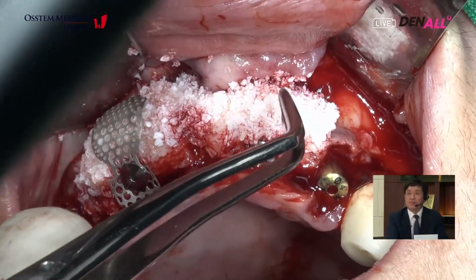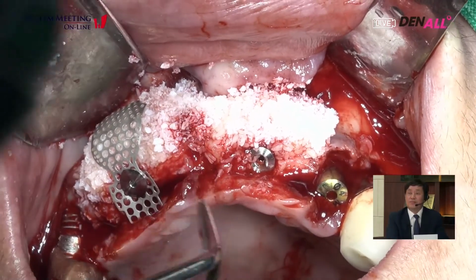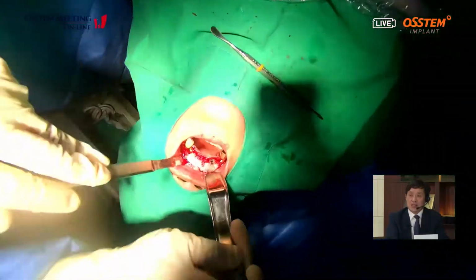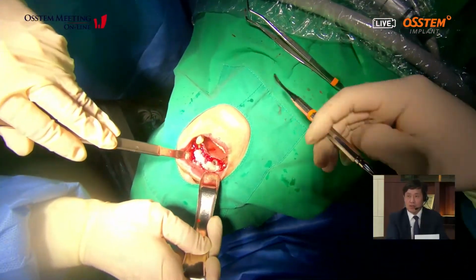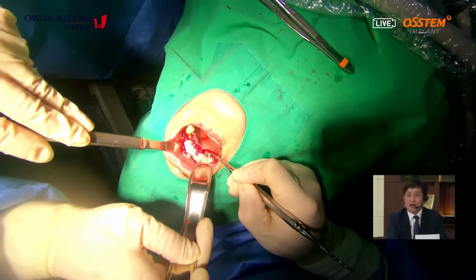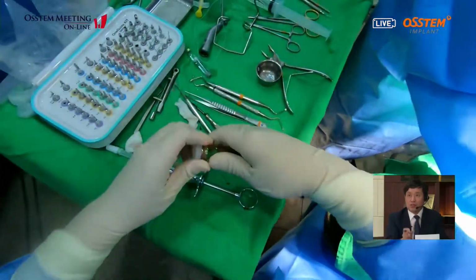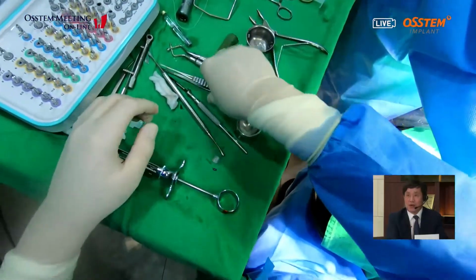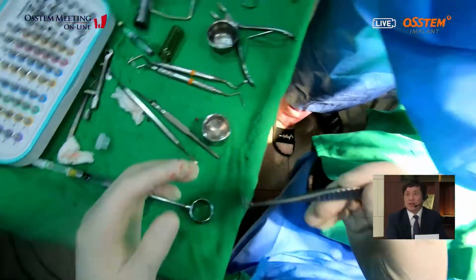He placed abundant bone graft and is afraid the soft tissue is very thin, so he wants collagen membranes overlying the Ossbuilder.